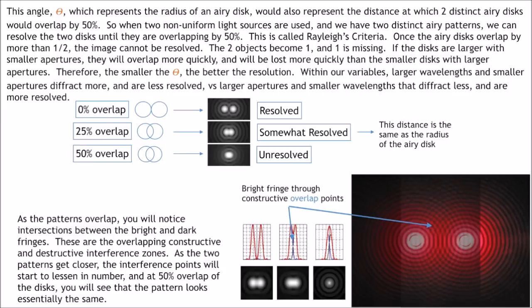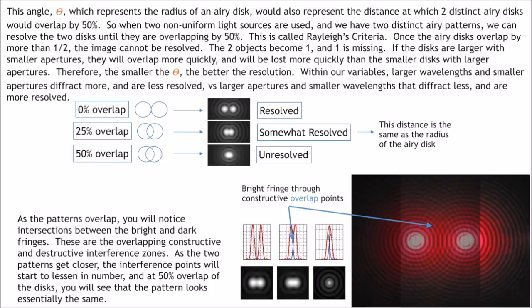So here's the depiction here. You have 0% overlap with these two Airy discs, we'll say. Then there's 25% overlap. You can still somewhat resolve them. And then at 50% overlap, they become non-distinct entities and they basically merge and blur into one pattern. So resolved, somewhat resolved, to basically unresolved.